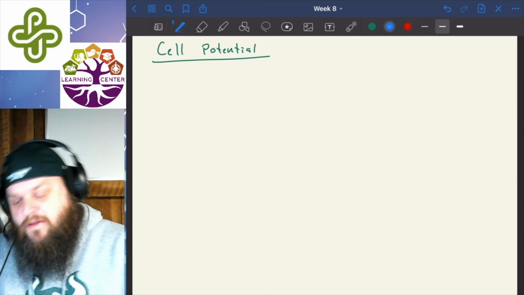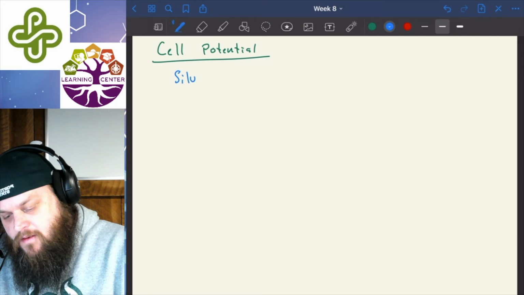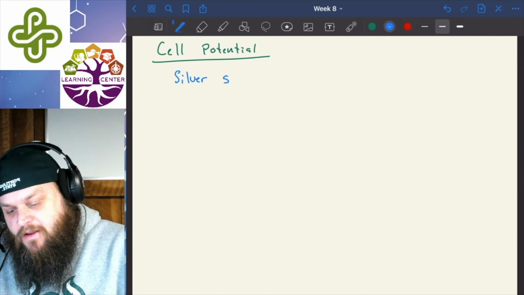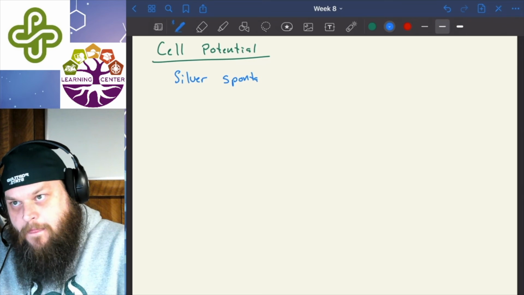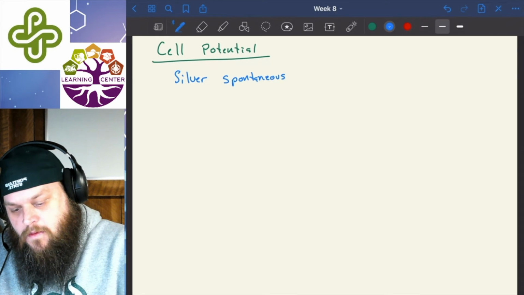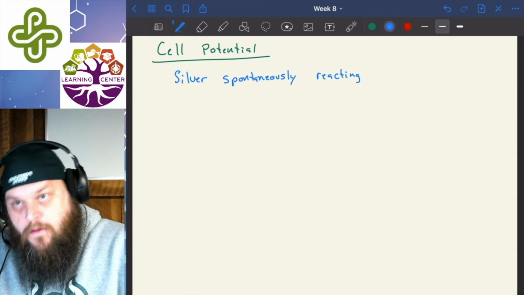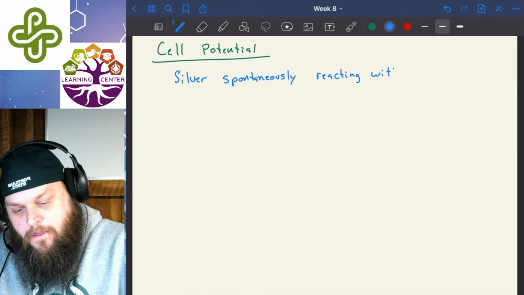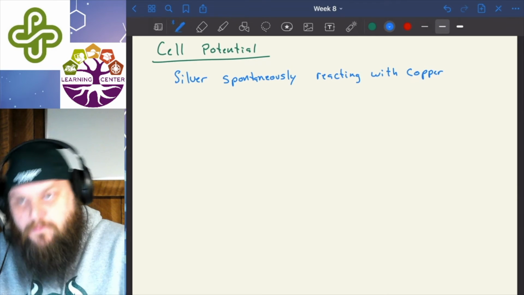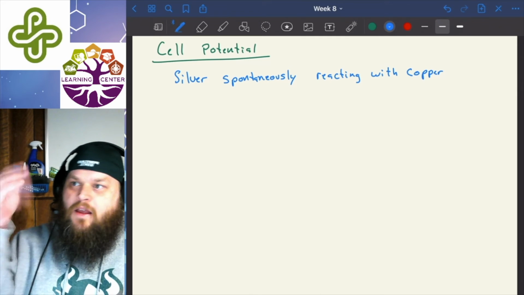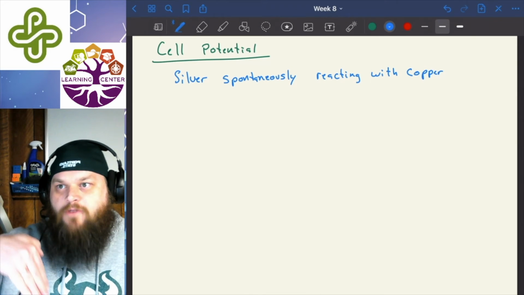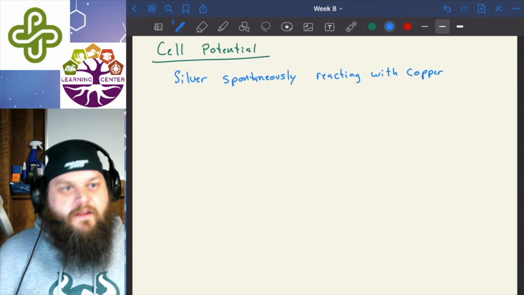We were talking about silver ions spontaneously reacting with copper. And it produced this flow of electrons between there. So we had a silver electrode and a copper electrode going into these jars.